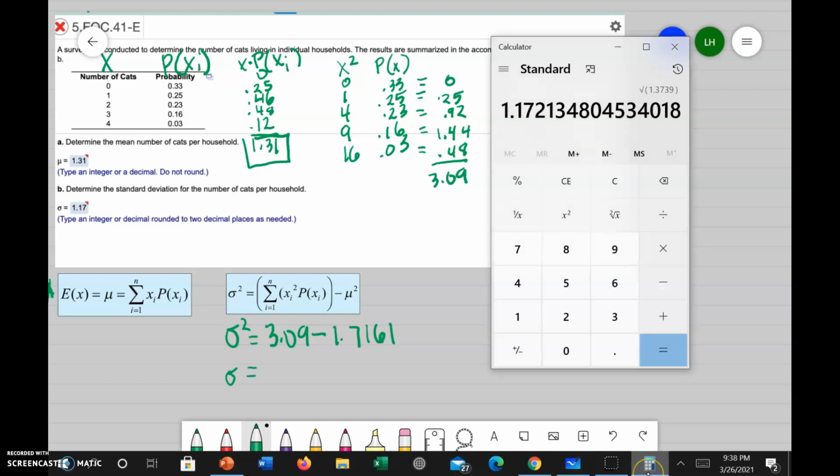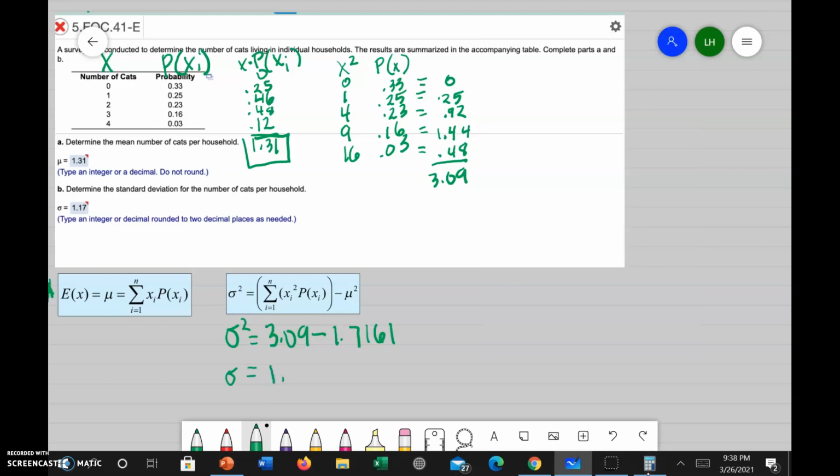So I end up getting 1.17. So that is how you find the mean and the standard deviation of a discrete probability distribution. Let me know if you have any questions.